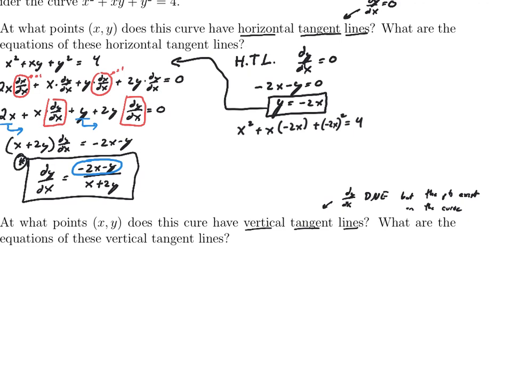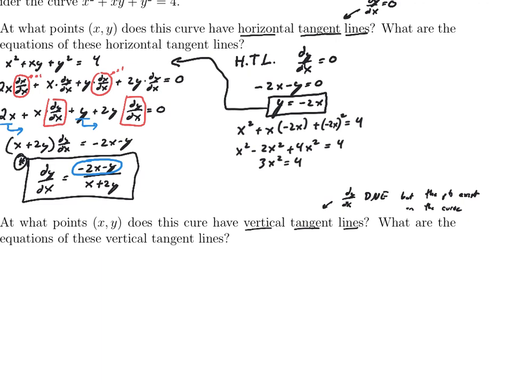All right. So now on the left-hand side, we're going to get x squared minus 2x squared plus 4x squared equals 4. That's going to give us 3x squared equals 4. So now we have two different answers for this.